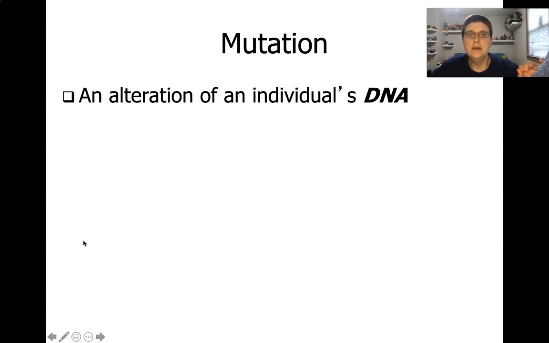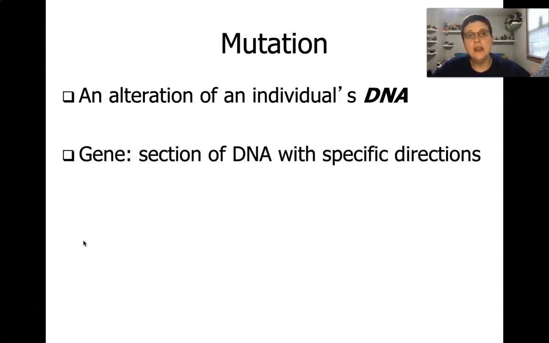So again, mutation, it's the alteration of an individual's DNA, so that genetic information, but it's not enough to just alter the DNA. So in our DNA, there are sections that we call genes. You may have heard of that term before.